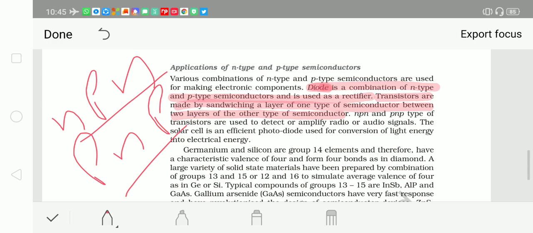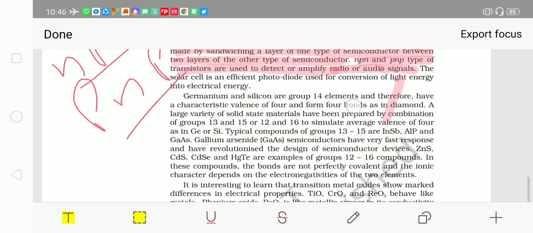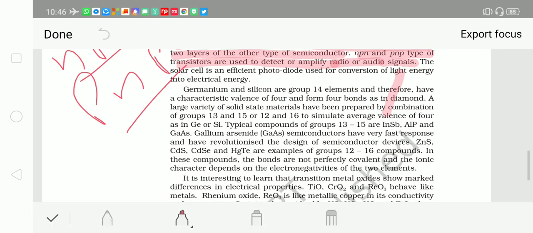And basically transistors are used where you have to amplify signals, meaning audio to electrical and electrical to audio signals. And photovoltaic cells also have a diode, which is used to convert sunlight energy into electrical energy.